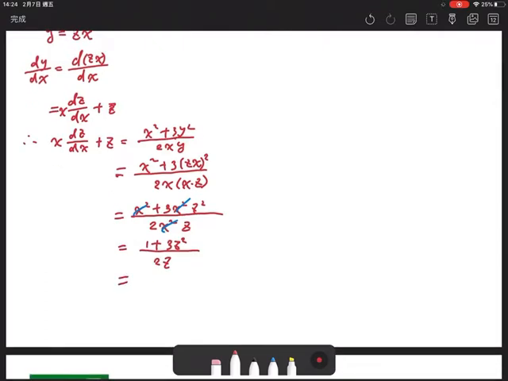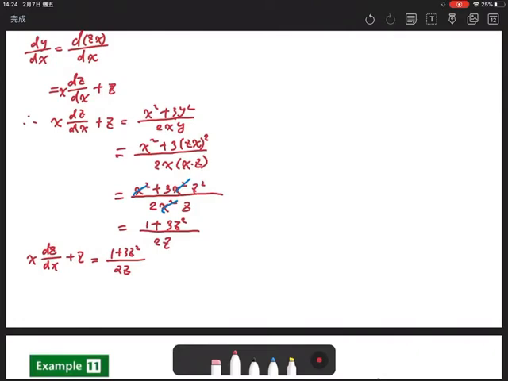We can also continue to simplify it, or maybe we can keep it. So we get x times dz by dx plus z equals 1 plus 3z squared over 2z.